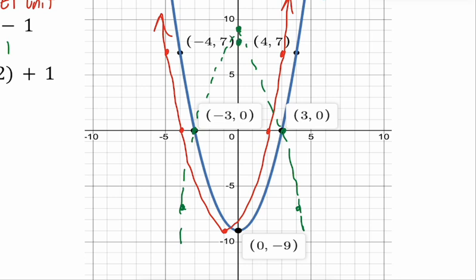So this one goes down 1, down 1, down 1, down 1, down 1. So that would be our final graph.